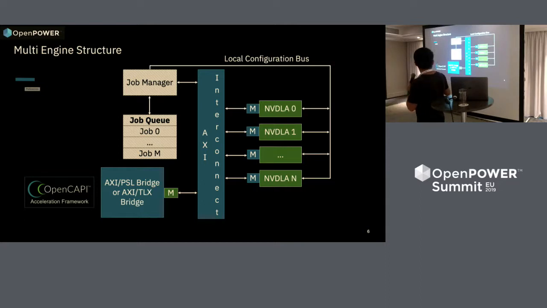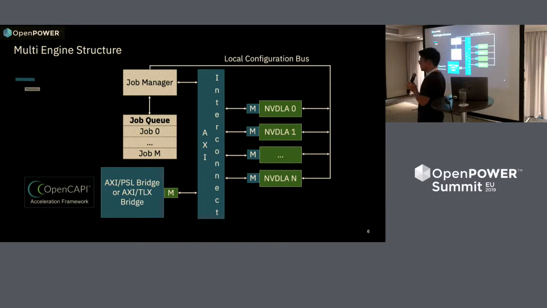Those engines can be managed by a job manager, which has a job queue, and those multiple engines can work together in a multi-process style. But right now this kind of structure is still in development, because we rely heavily on the support of multi-process from OC-Accel to finish this work.